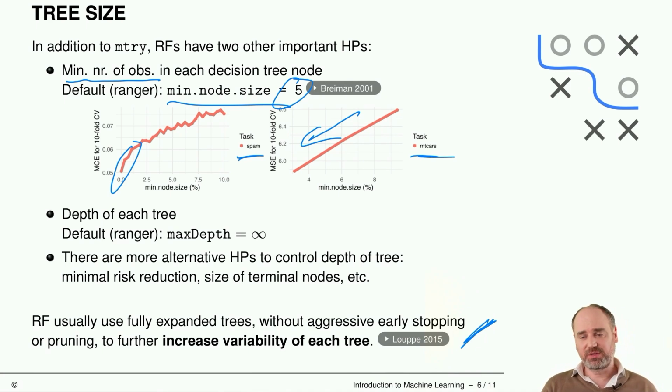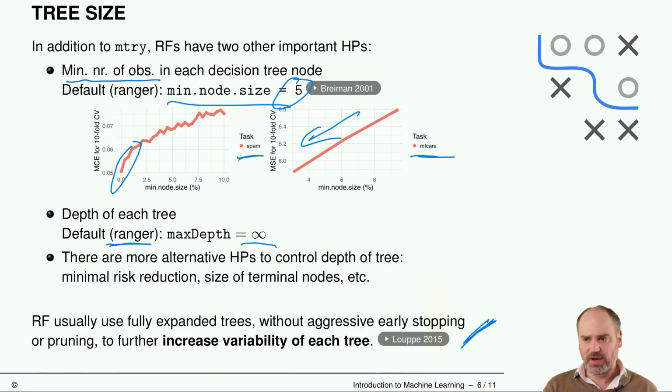There are also other parameters to restrict the depth, for example the max depth parameter. You can just prescribe a value, so I don't want trees which have more than 100 terminal nodes, or which grow over more than 8 levels, or whatever. Usually we don't use that too often. In the Ranger package, which is a very efficient implementation of the random forest in C++ and is connected to R and Python, that's usually not restricted at all.